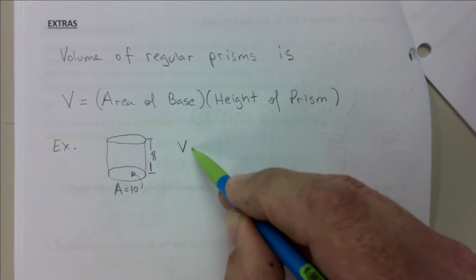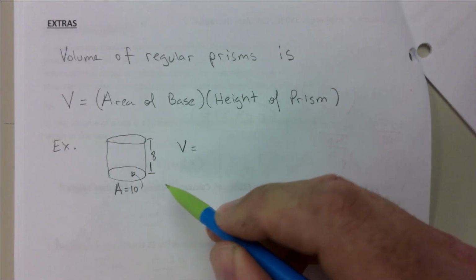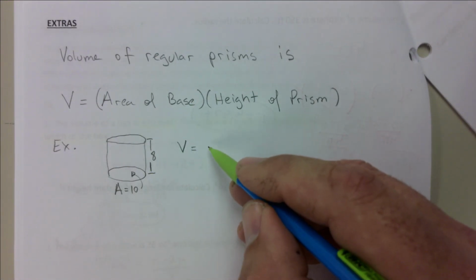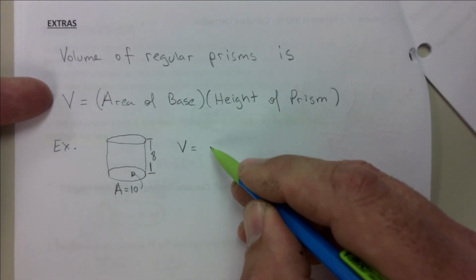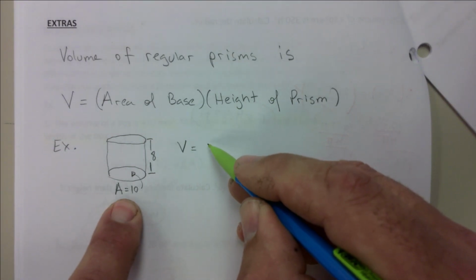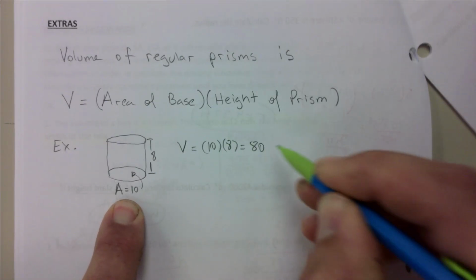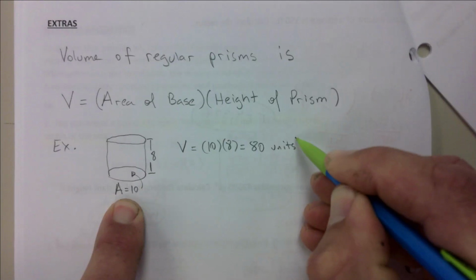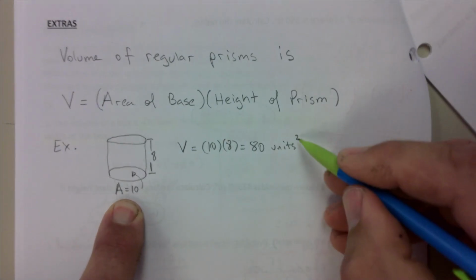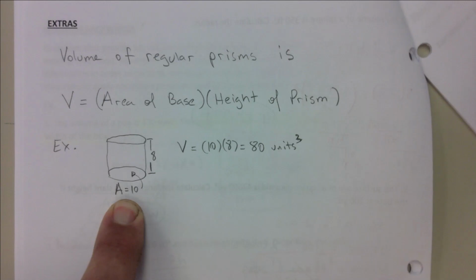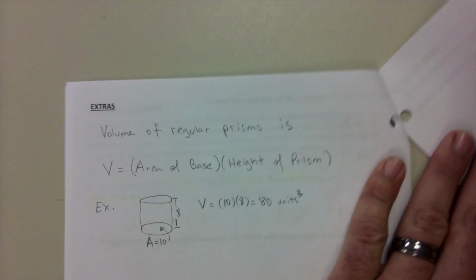And I ask you, hey, what's the volume of this? What would you say? What would you do? What would you think of after I just talked about this? 10 times 8, right? 80 units squared, okay? Oh, cube. Oops. Cube.